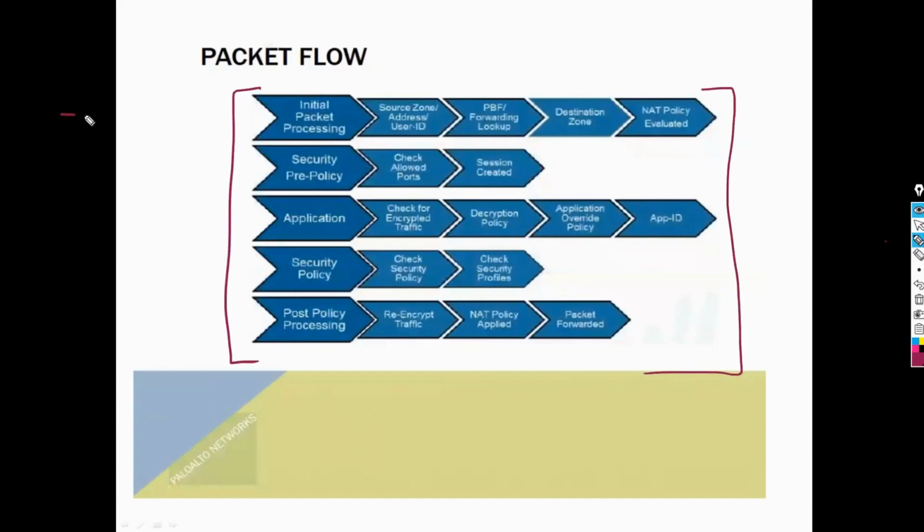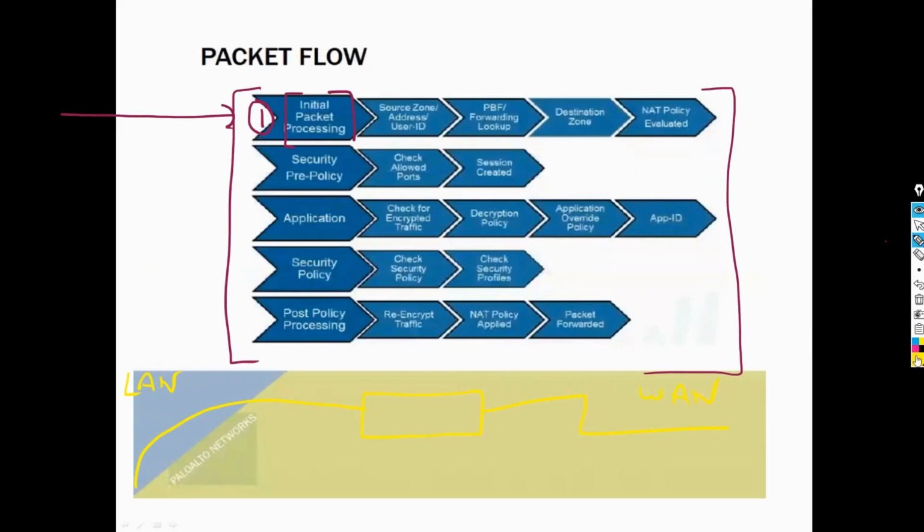If traffic hits this ingress interface, then the Palo Alto firewall box will first do a step called initial packet processing. In initial packet processing, the firewall is trying to verify this traffic. For example, traffic coming from the LAN side and trying to go to the WAN zone side.